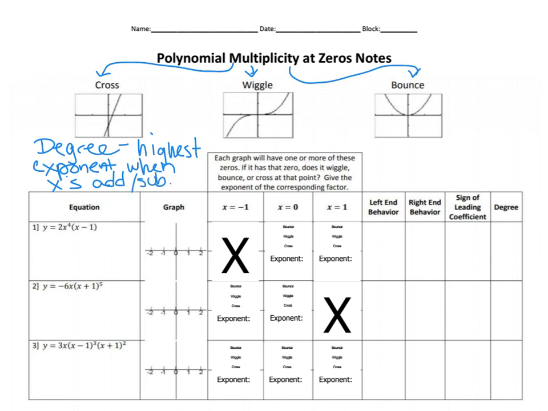So the degree is the highest exponent when the x's add and subtract. We're also going to give it another way of finding the degree. It still has to do with exponents. It's the sum of the exponents when x's multiply.